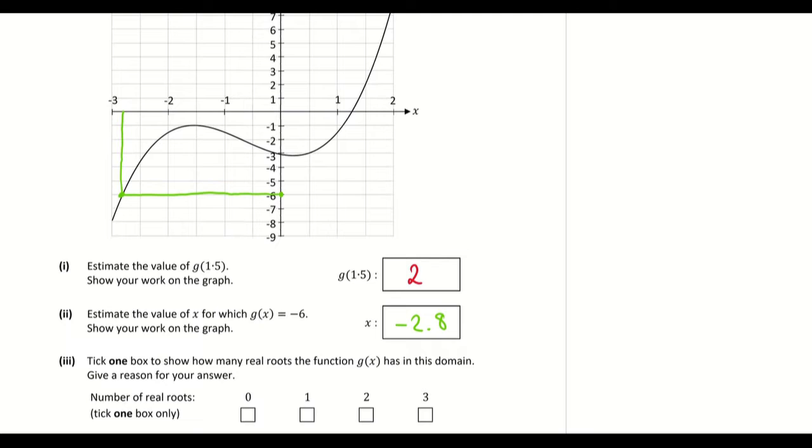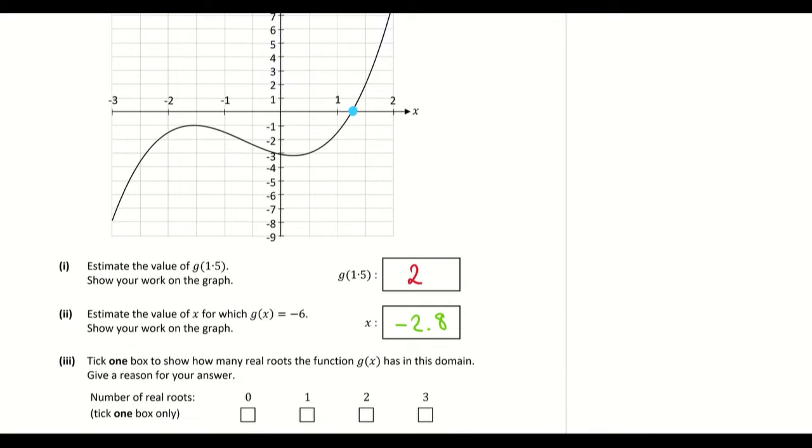And part 3, tick one box to show how many real roots the function g of x has in this domain. So the roots are basically where it crosses the x-axis. Now my graph crosses the x-axis just once here. It doesn't cross the x-axis elsewhere. So they're what's called imaginary roots.